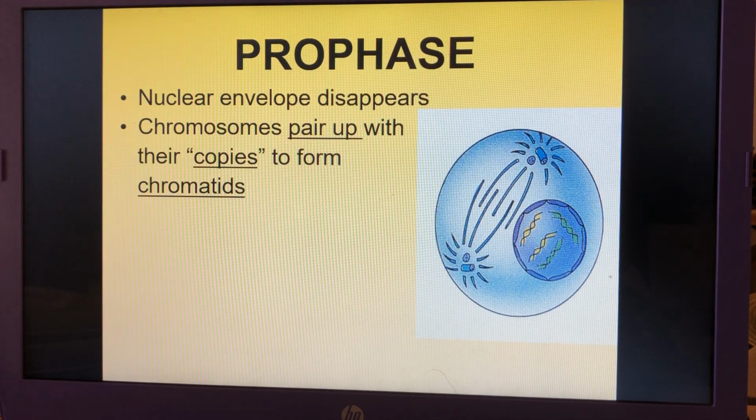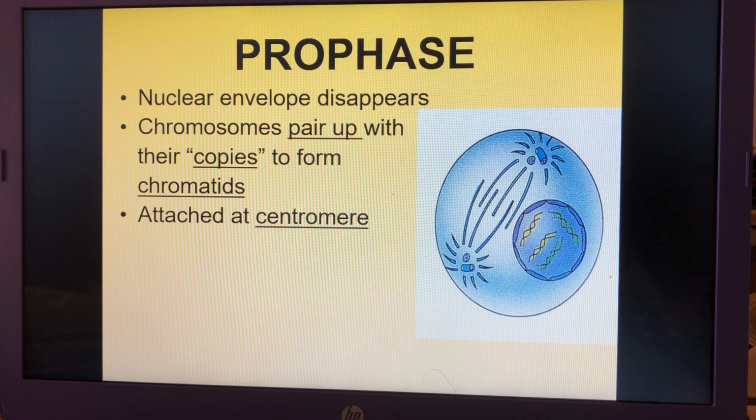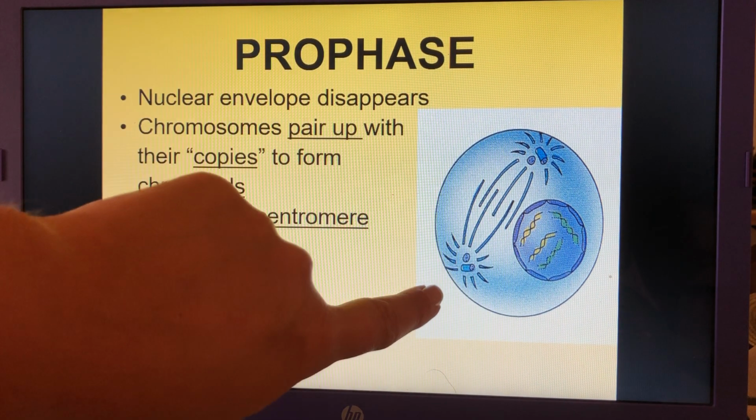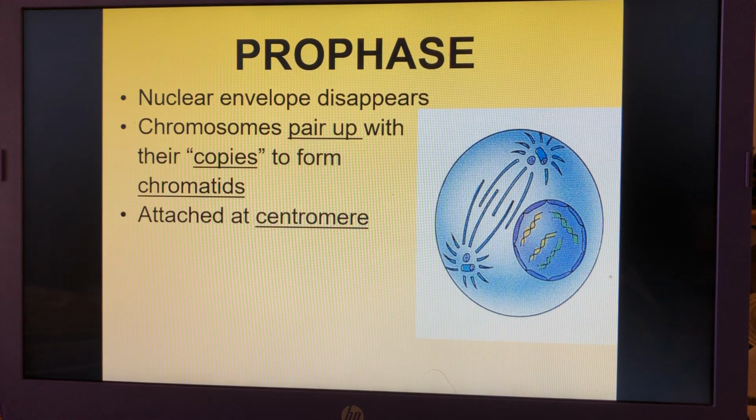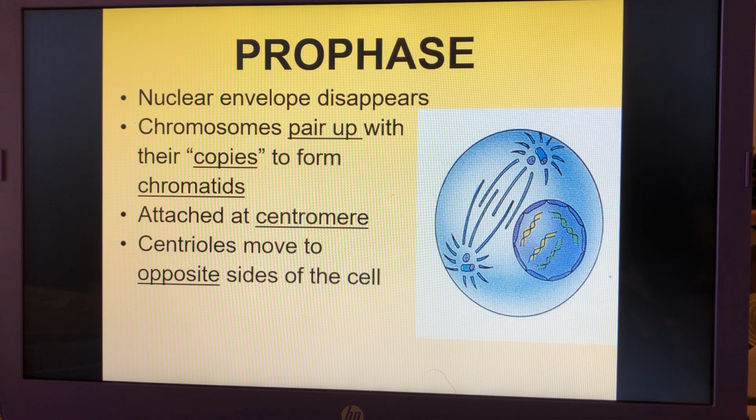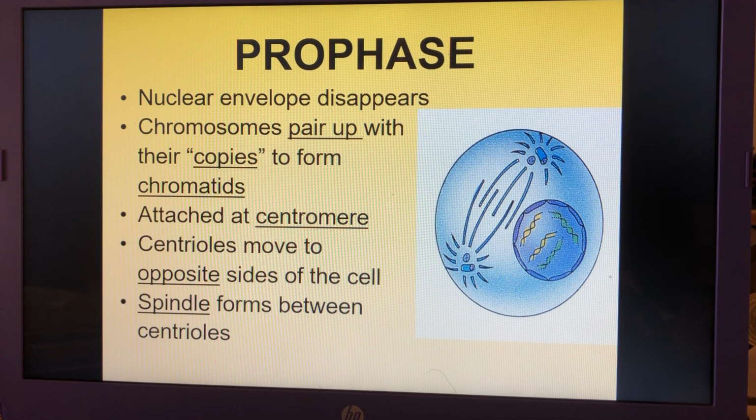The nuclear envelope begins to disappear and breaks down during prophase. You'll see here that the centrioles and the spindle fibers are on opposite sides of the cell.